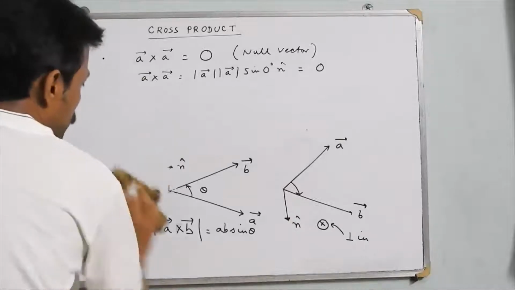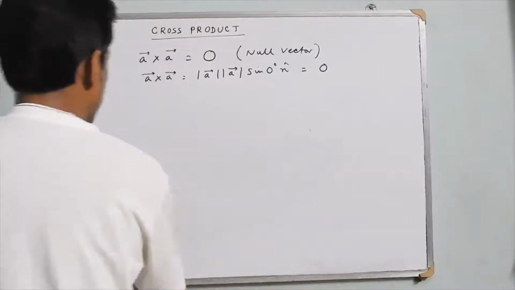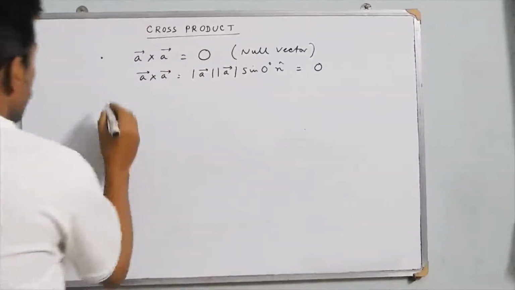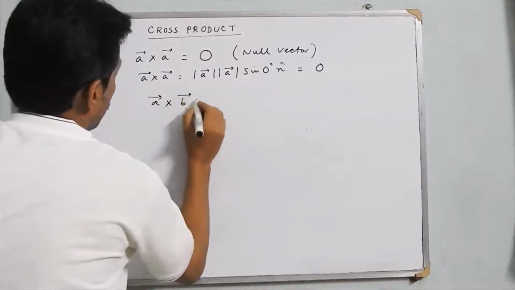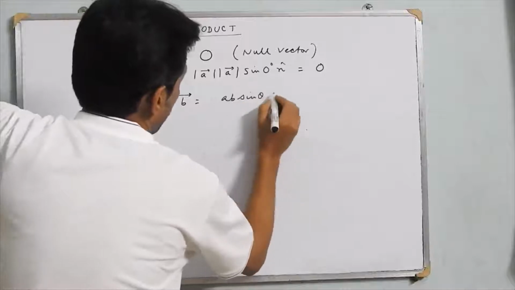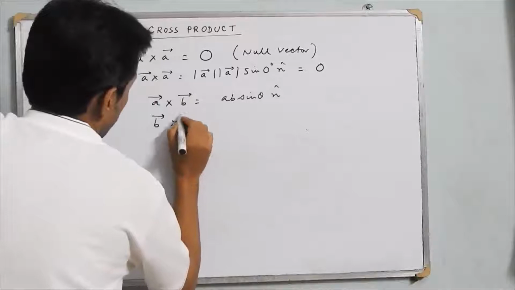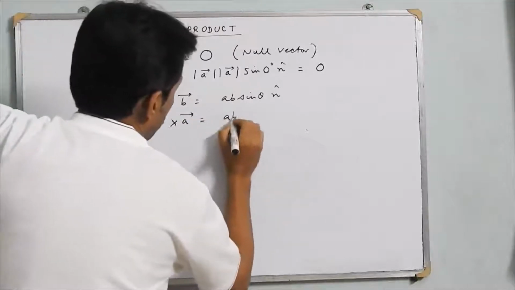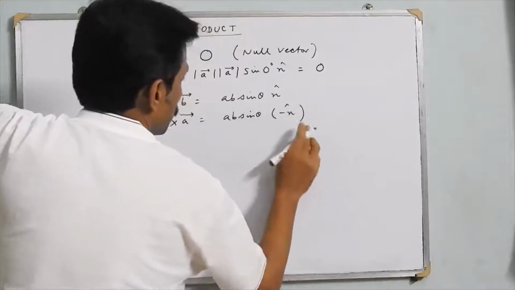So now, because of this n hat, A vector cross B vector and B vector cross A vector are never equal. A vector cross B vector is AB sine theta n hat. Then if you find B cross A, the magnitude remains the same, but the unit vector is opposite to the previous one.